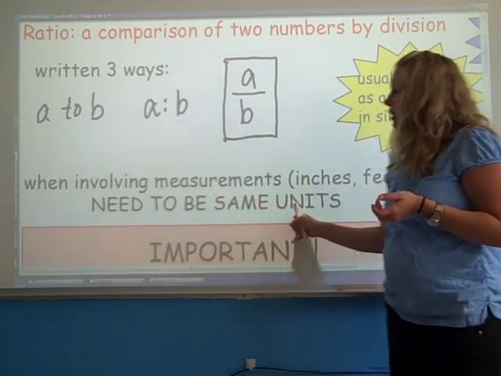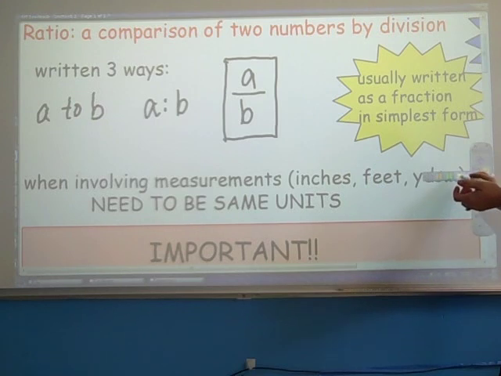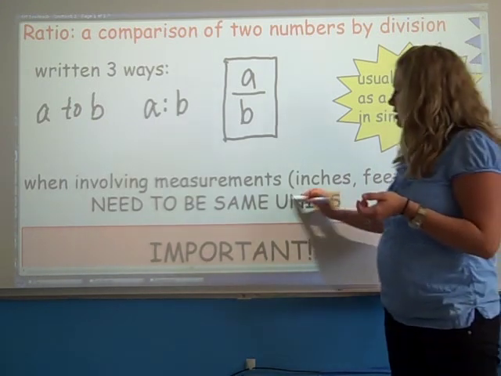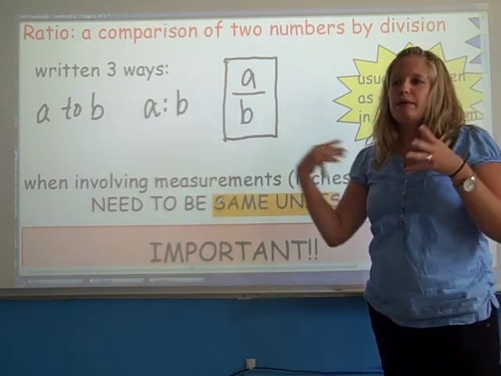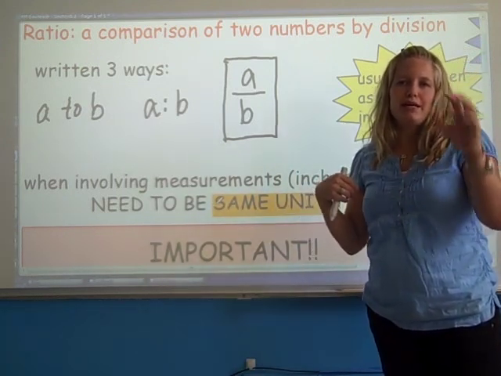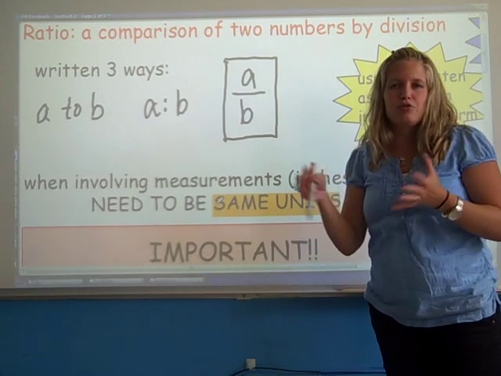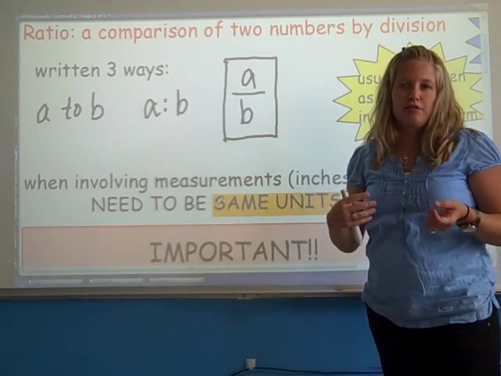So this is very important. If you're comparing things that have units you can change to make the same, you should do so. If we're talking about pencils and t-shirts, or kids and movie tickets, those are not units that you can convert.